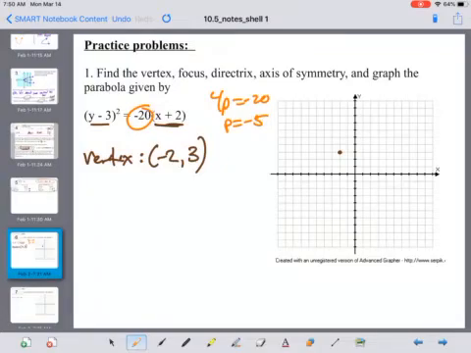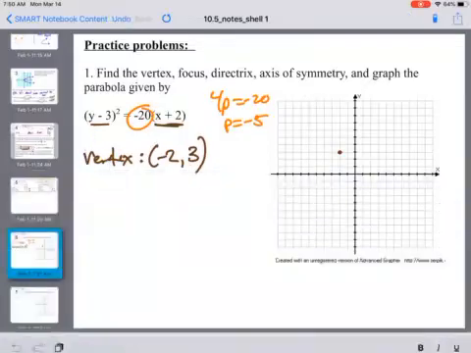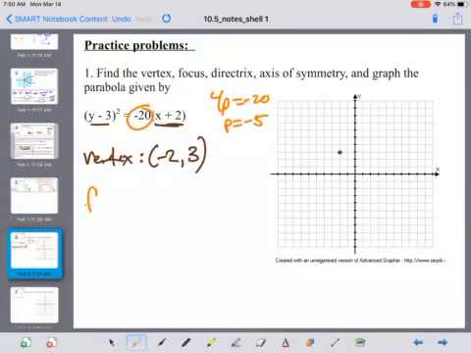So because our p is negative 5, we're going to need to go negative 5 for our focus here. So our focus is going to be negative 7, 3. 1, 2, 3, 4, 5.